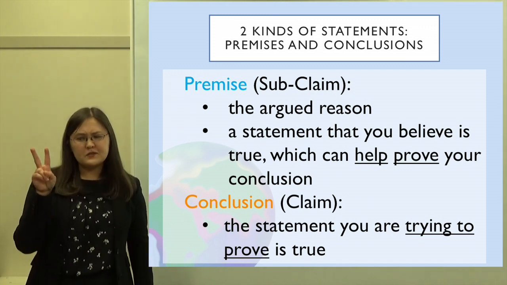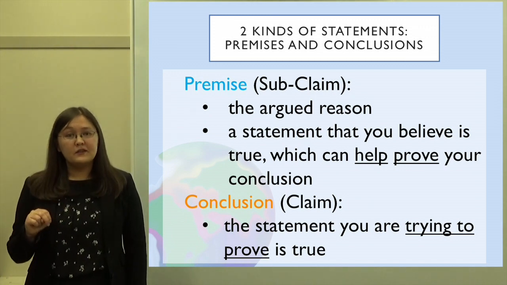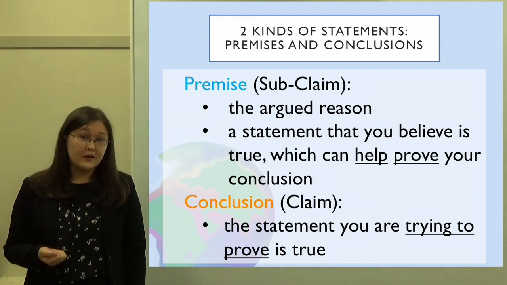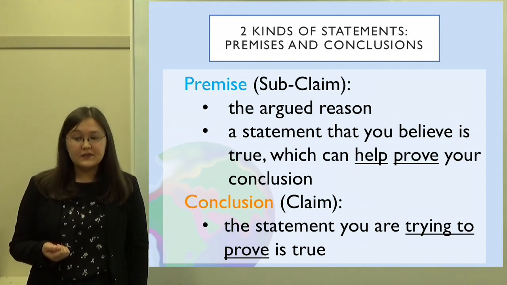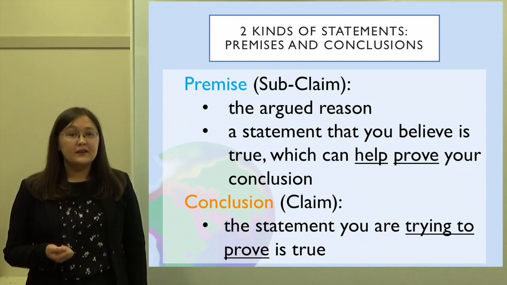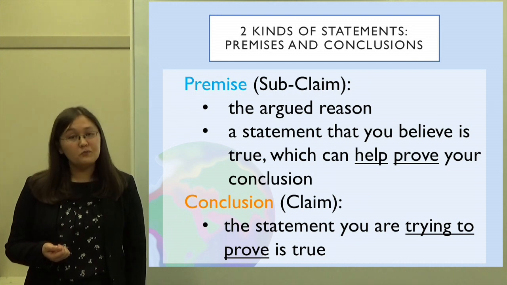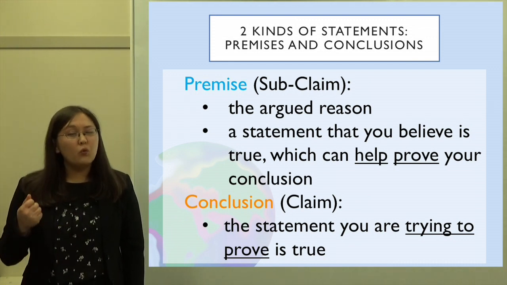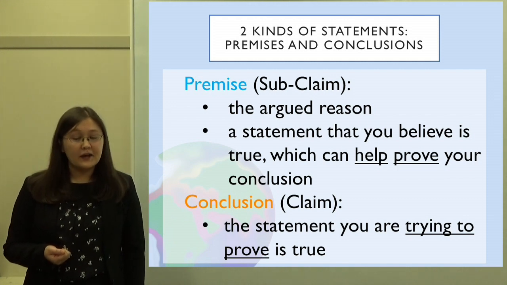So there are two types of statements that we will be using. We need to identify them and we need to write them in our writing. These are premises and conclusions. A premise is a subclaim. There will be more than one. These are the argued reasons why your conclusion is correct.